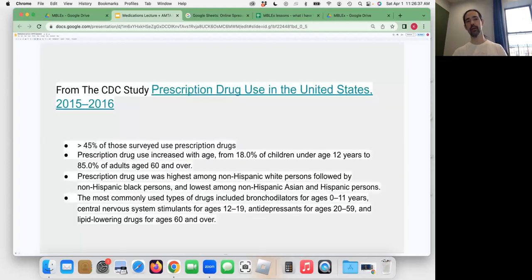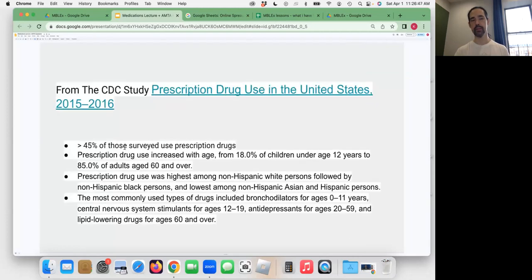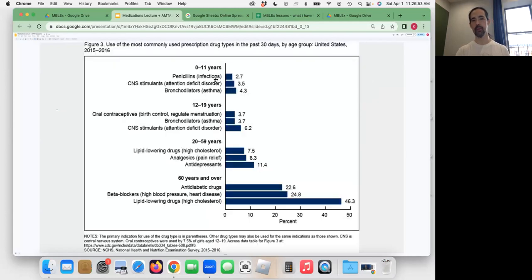Just so you're aware, if you look at the statistics on prescription drug use in the United States over age and what people use, you see that when we start life, there's not that much prescription drug use, right? But when there is, it's for severe stuff like infections or for asthma. And then there's some for attention deficit disorder. That's for 0 to 11 years.